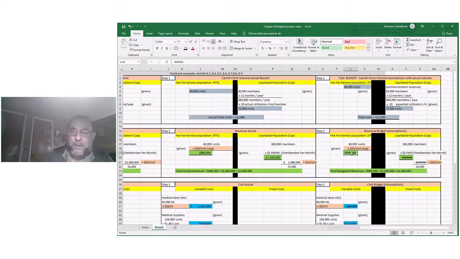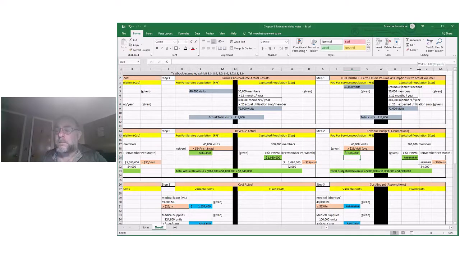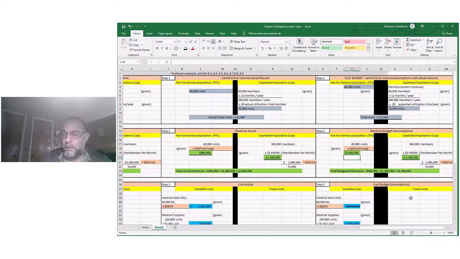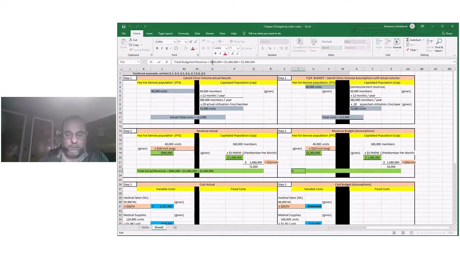In that case, they would have projected $1 million. So we would have $1 million down here.